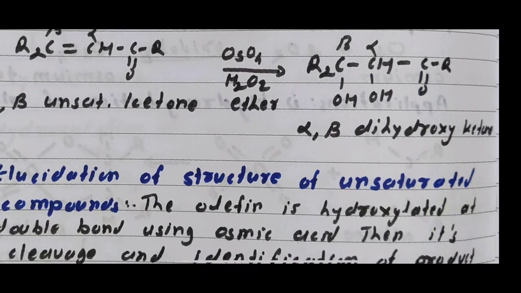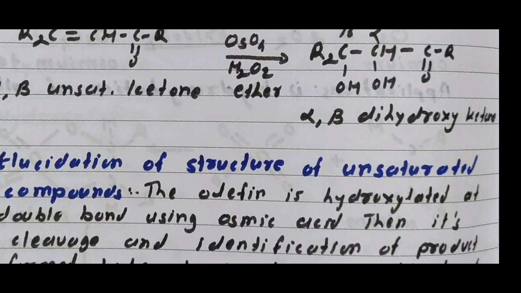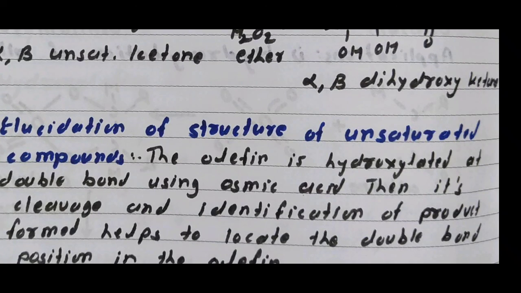Then the fourth application of OsO4: osmium tetroxide is used for elucidation of structure of unsaturated compounds. Here the olefin is hydroxylated.